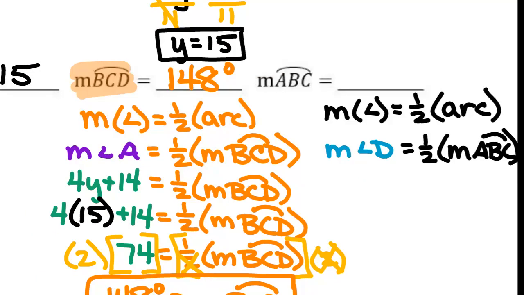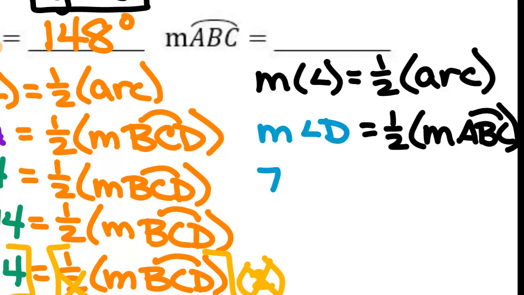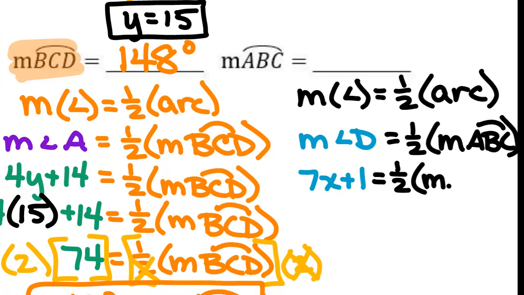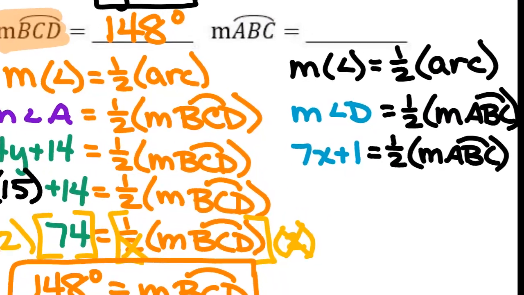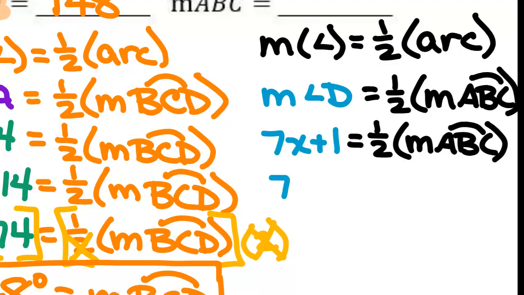Angle D is 7x plus 1 equal to 1/2 the measurement of arc ABC. We figured out that x is how big? X is 11. So I have 7 times 11 plus 1.